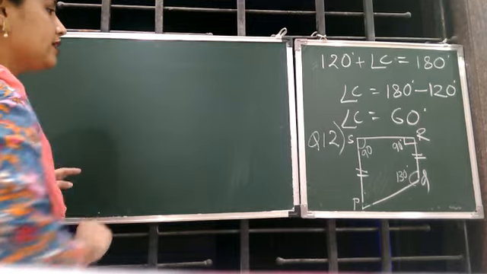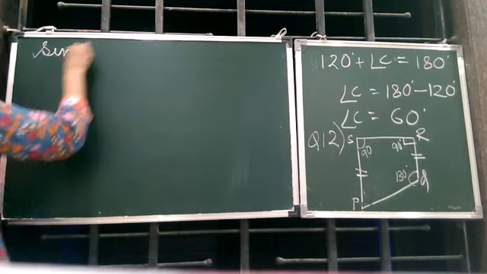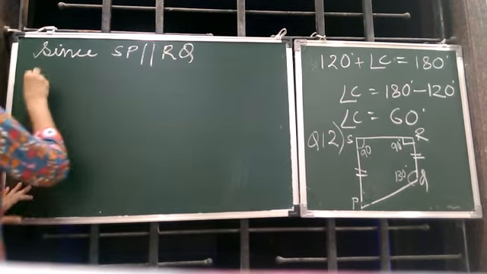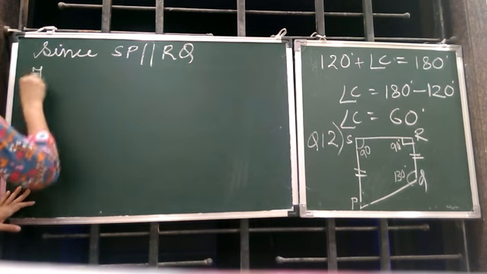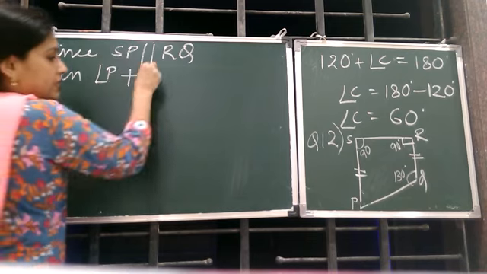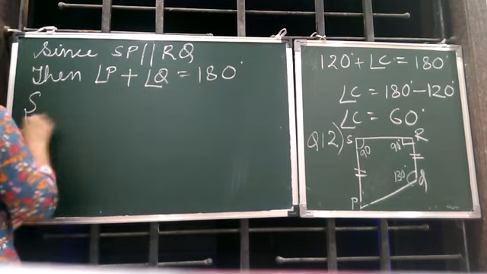So we will write what is parallel. Since SP is parallel to RQ, then angle P plus angle Q is equal to 180 degree. We can write it.